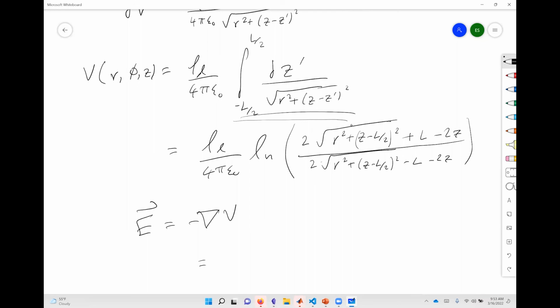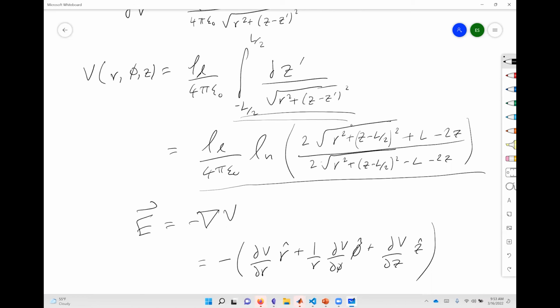We did that, and we found that grad V is delta V over delta R, R hat, plus 1 over R, delta V over delta phi, phi hat, plus delta V over delta Z, Z hat. So once you calculate V, just do those direct differentiations to find E. You can always directly find E from V. And V is easier to calculate because, again, it's a scalar field.